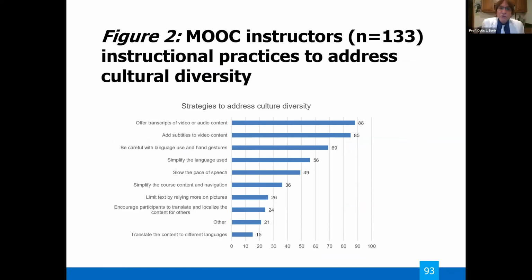Well, they give transcripts, they limit their hand gestures, they simplify the language. They don't talk so fast. Dr. Bob, slow down. And so they simplify going through, no hand gestures. They add subtitling.